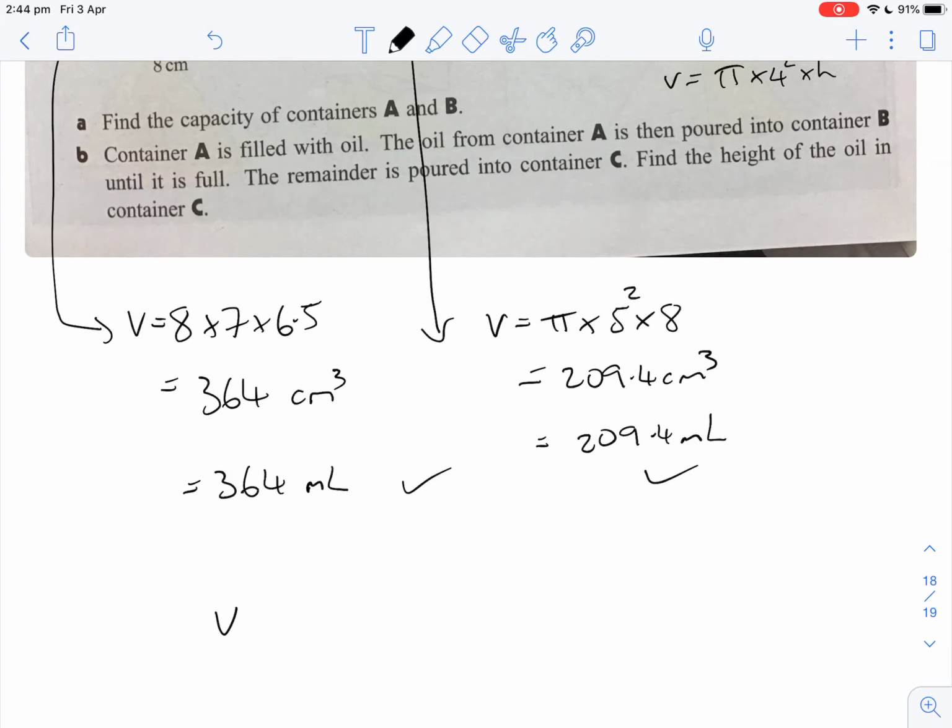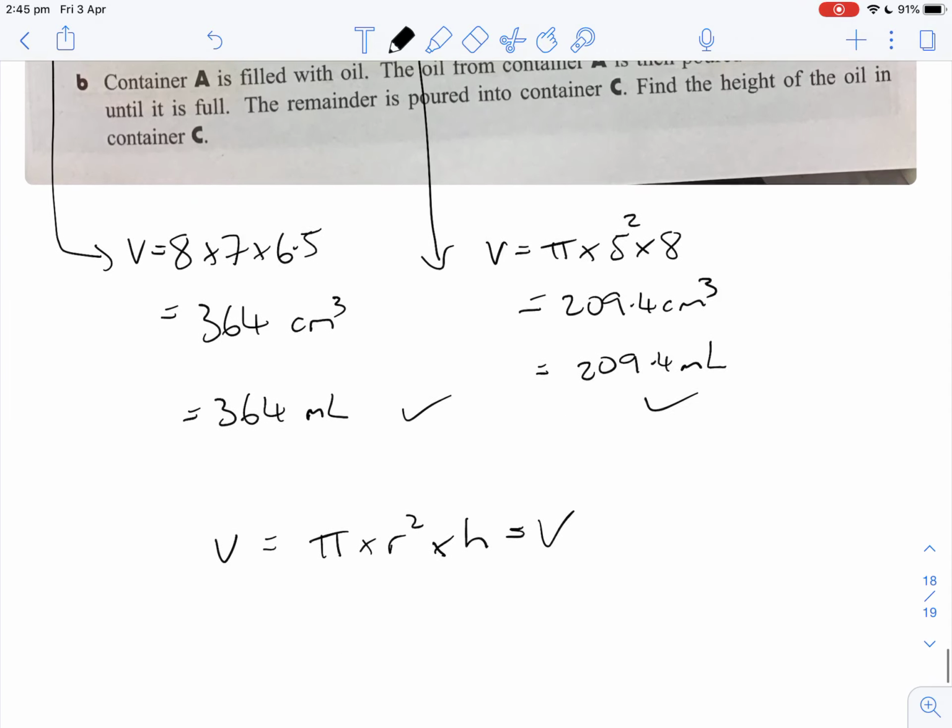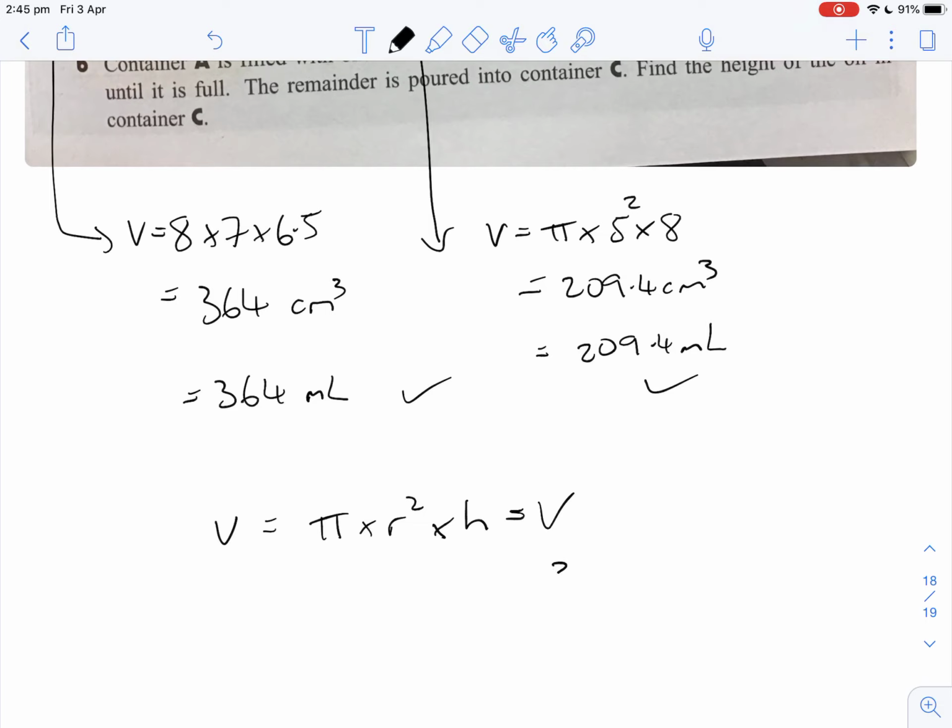We know that the volume of C would be equal to pi times your radius squared times your height, and then that would be equal to the volume, which I'll put on the left hand side. We can calculate that volume because we've taken that initial quantity of oil, the 364 millilitres.